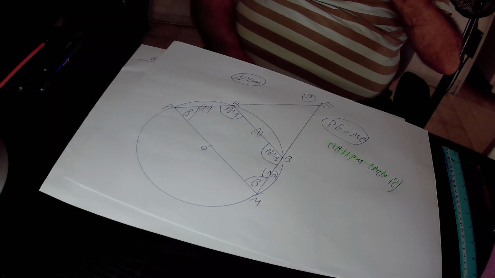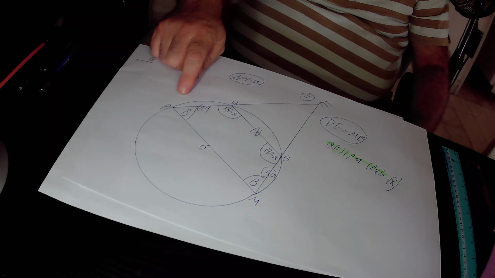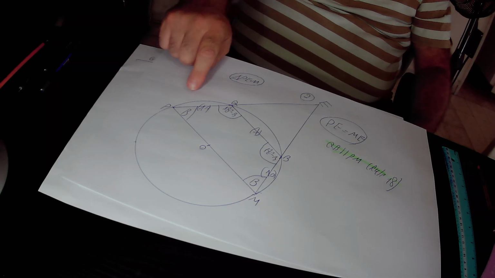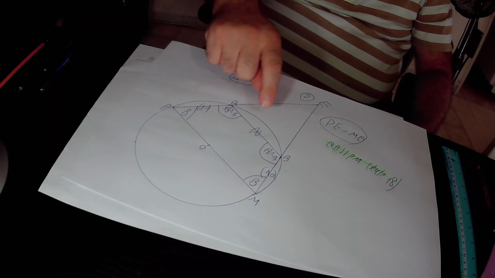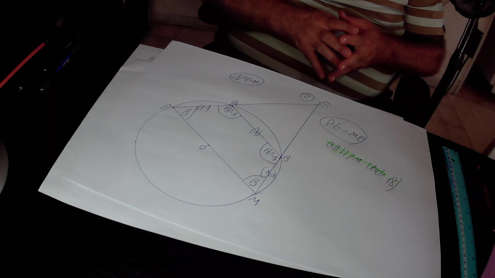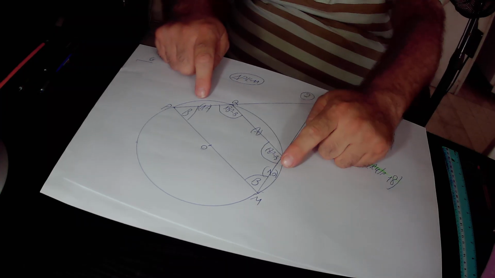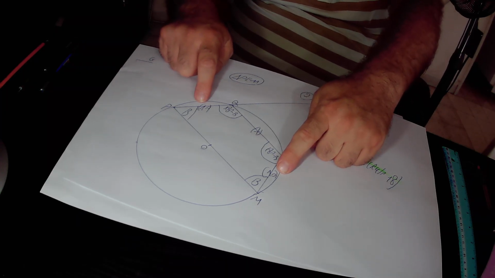In the next step, we found that QP equals 10 units in length and BM also equals 10 units in length. So those two line segments are equal to each other in their lengths.